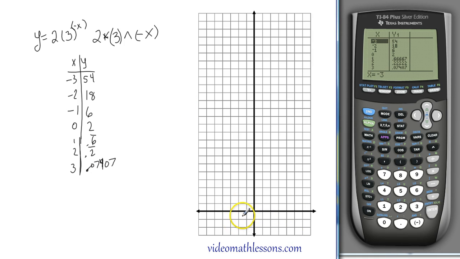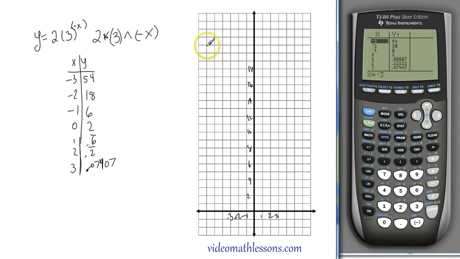So like once again, I got -1, -2, -3, and I'm going to count by ones up here. I'll take my values, and I'm just going to graph them.